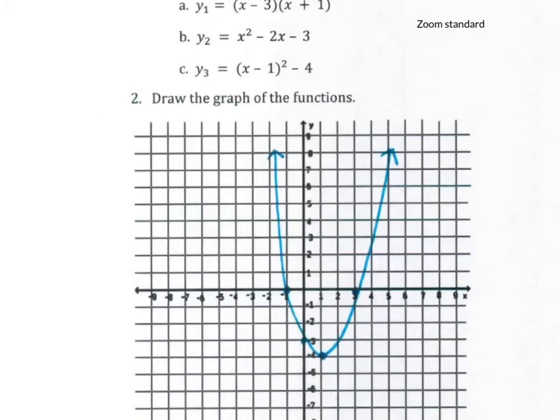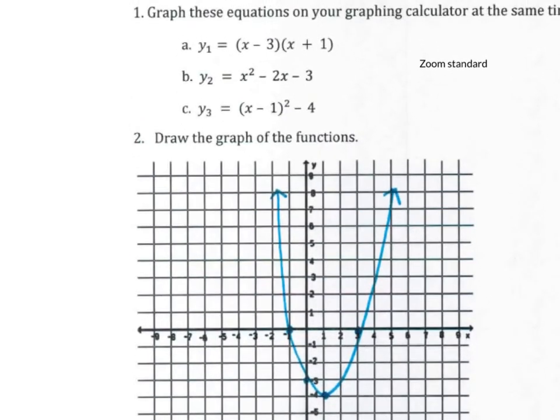Now you might notice, hey, what the heck? We did 3 different functions, yet I see one single graph. What's going on here? Well, surprise, surprise, all of these 3 functions create the exact same graph. If I really wanted to, I could go through y1 and distribute the x minus 3 and the x plus 1, and it's going to look exactly the same as y2, x squared minus 2x minus 3.